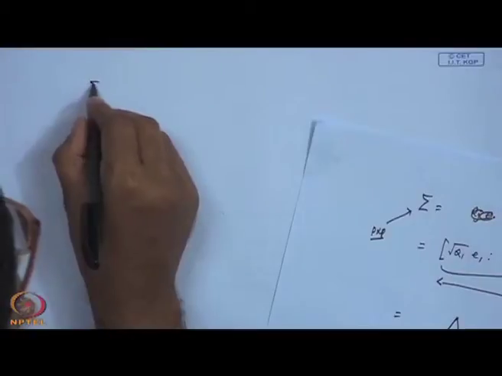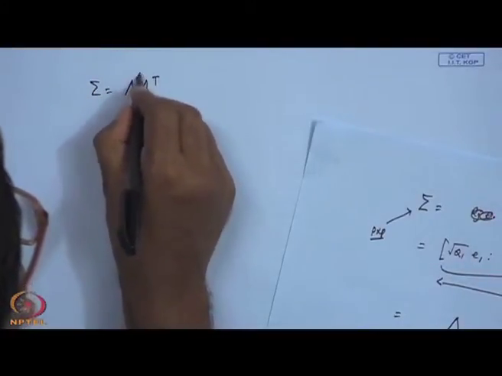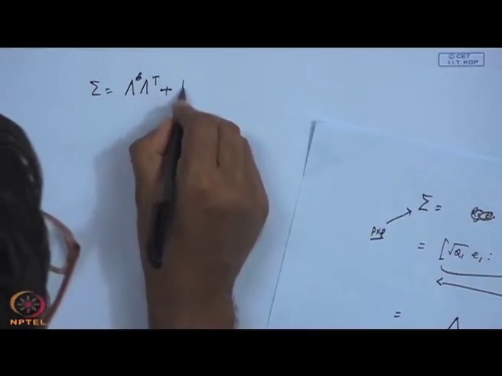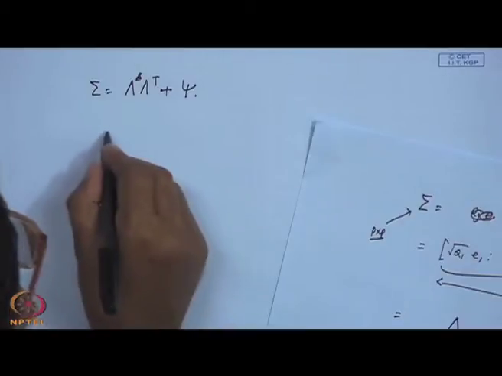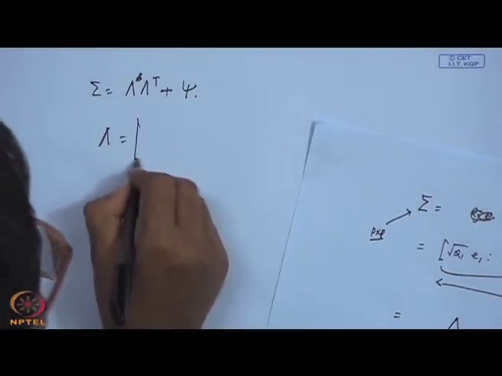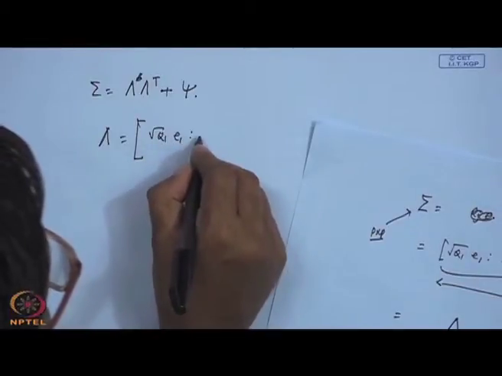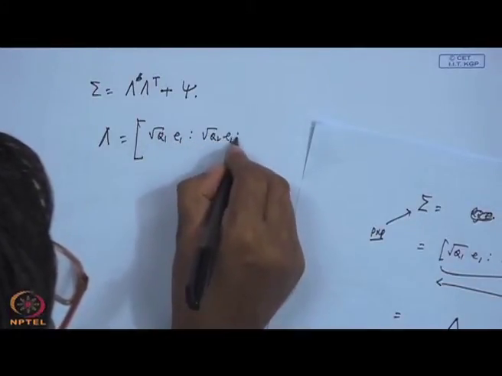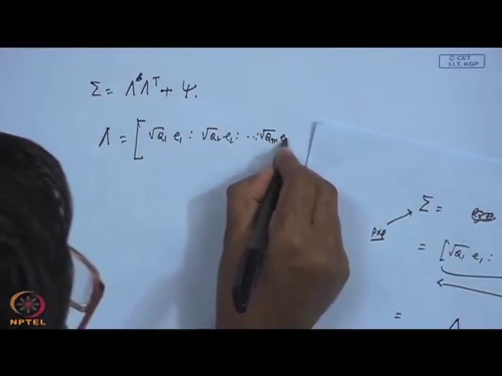So we are now making a little manipulation here. What we are saying is that I want to write Sigma equal to Lambda Lambda transpose plus Psi, where this Lambda is nothing but we are considering root Q1 E1, root Q2 E2, and so on, ultimately root Qm Em.